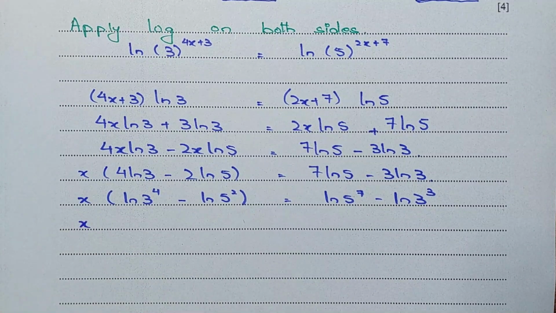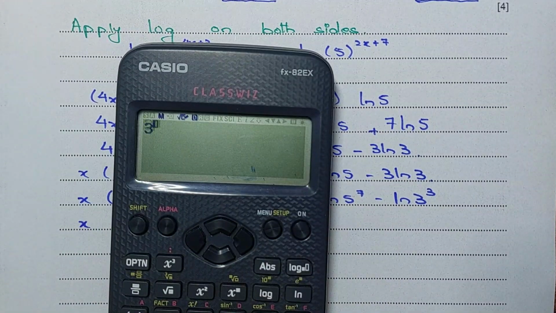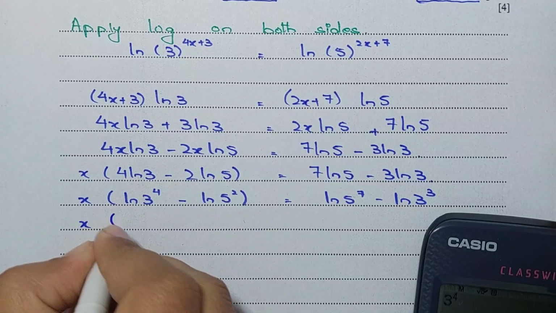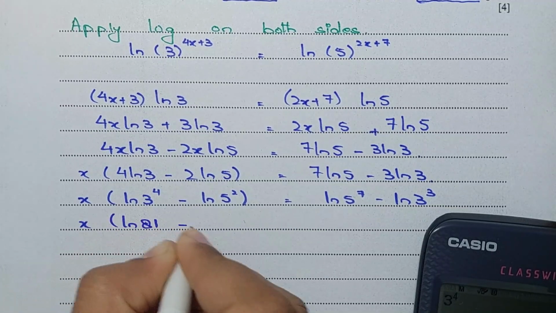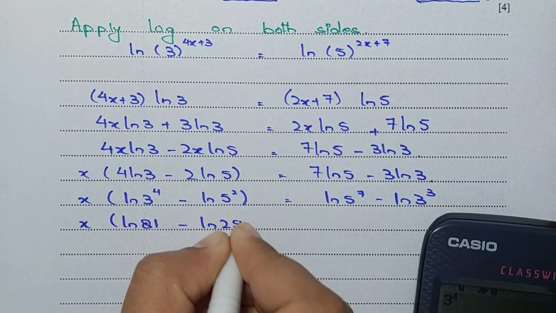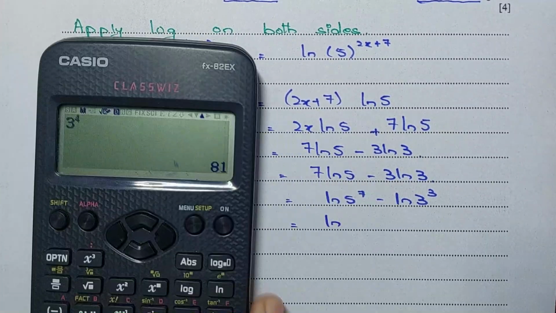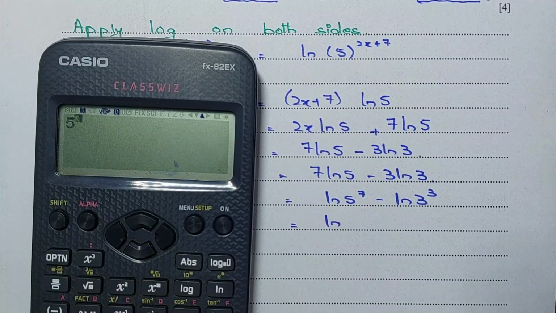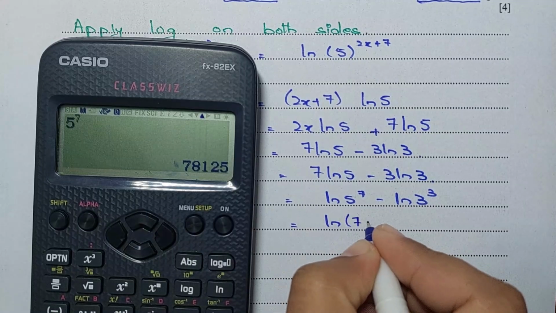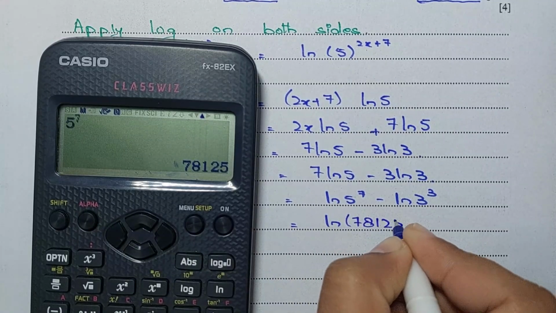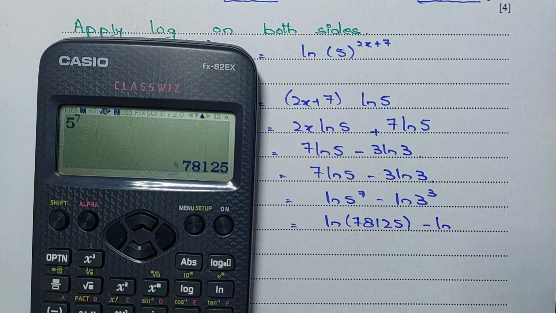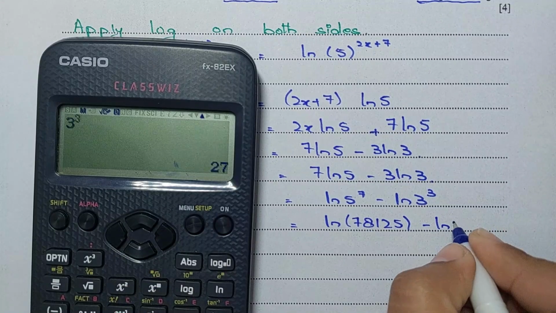What is 3 to the power 4? 81. So natural log of 81 minus natural log of 5 times 5, which is 25, equals natural log of 5 to the power 7, which is 78,125, minus natural log of 3 cubed, which is 27.